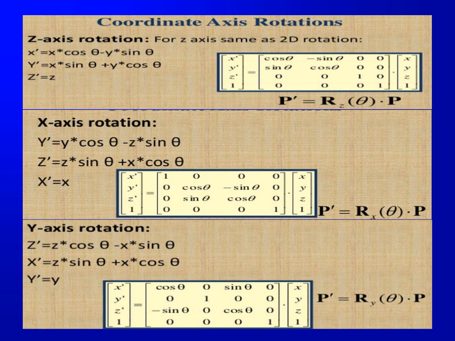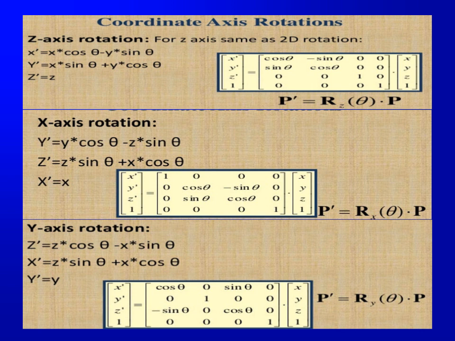Okay, so the equation is there, and the matrices are over there, and a formula is also given in these slides. First we see the x-axis rotation. Basically, the x-axis rotation is the same as the 2D rotation. See first the matrices.